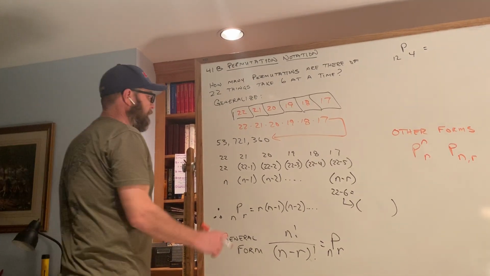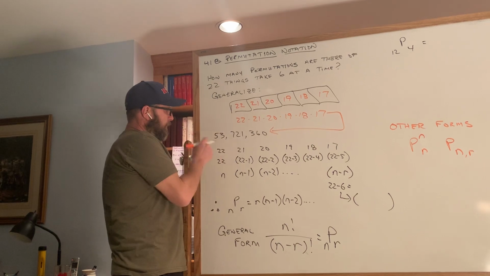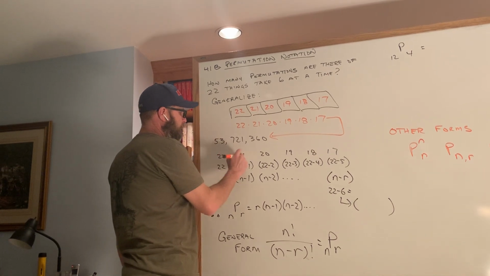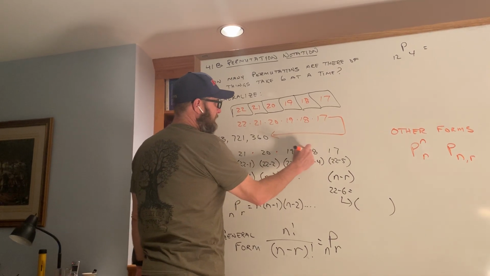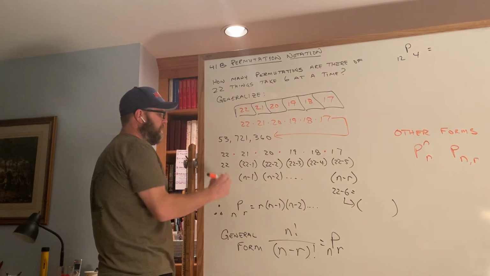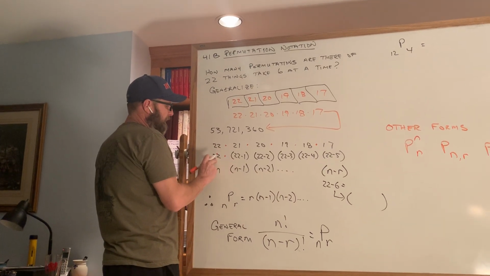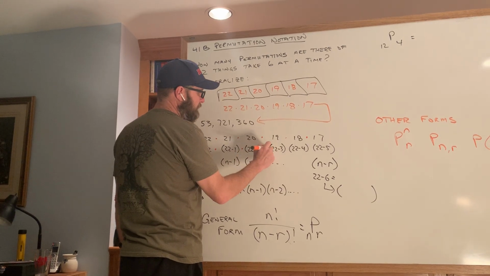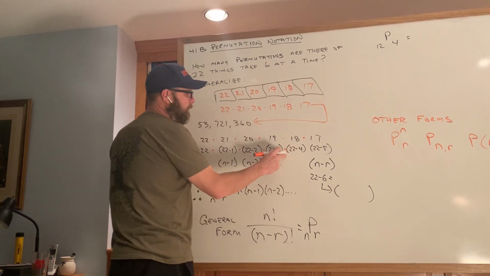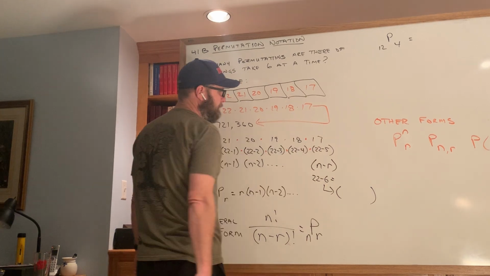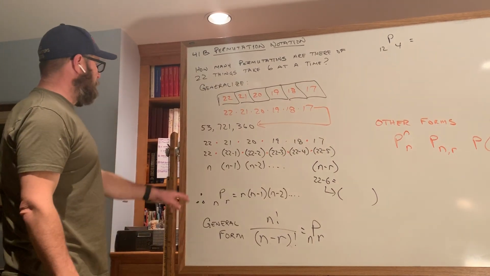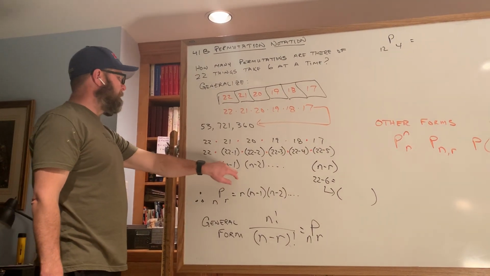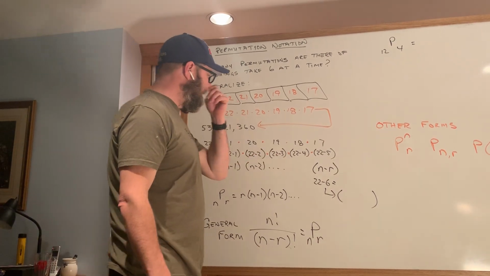All right, so if we're going to break it down, this is basically 22 times 21 times 20 times 19 times 18 times 17. Or we could say that it's 22 times 22 minus 1 times 22 minus 2 times 22 minus 3 times 22 minus 4 times 22 minus 5. And then we could say that this is n times n minus 1 times n minus 2 all the way down to n minus r.